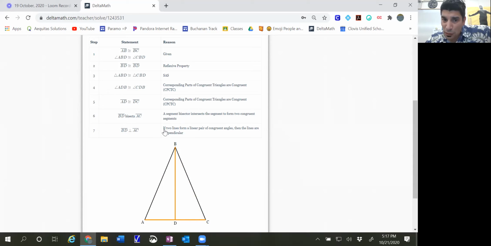And then if two lines form a linear pair of congruent angles, then the lines are perpendicular. Pretty sure that this follows that, right? I'm pretty sure we can mix up some of these steps.